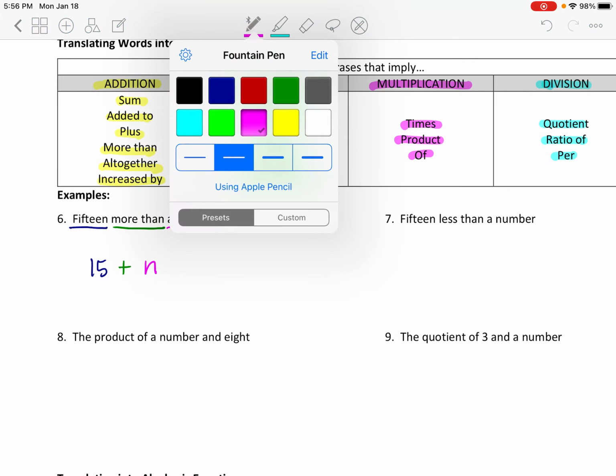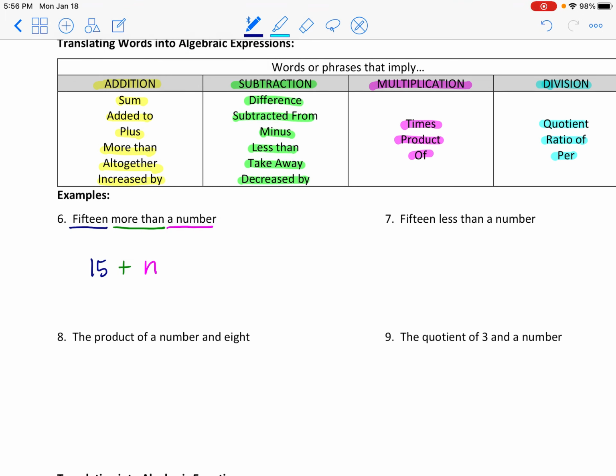Now 15 less than our number, we have to be a little more careful. 15 less than a number. So if I said my older son was 15, and I said his brother was 4 years less, then to figure out his younger brother's age, you would have to subtract 4 from my older son, right?